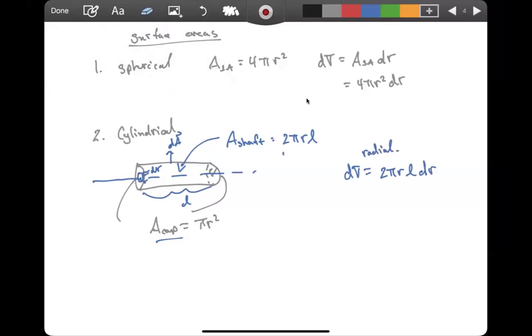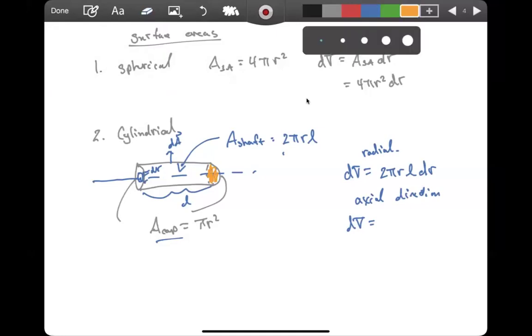If I'm talking about the axial direction, in this case my differential volume would be equal to the cross-sectional area of the cylinder, which of course is just pi r squared. But in this case, we're cutting it along the axis, which means this is going to have a differential length in this direction.